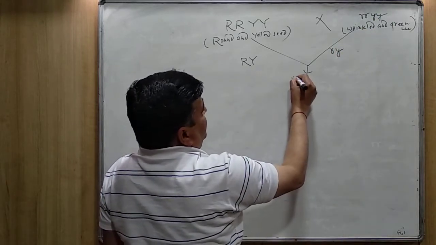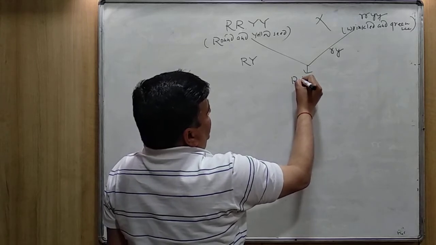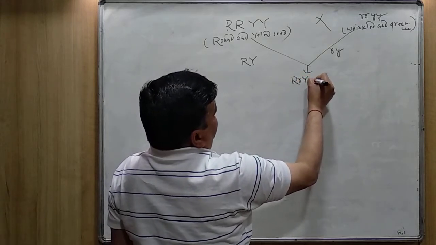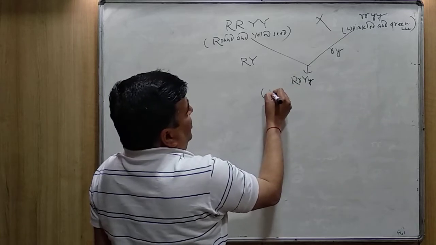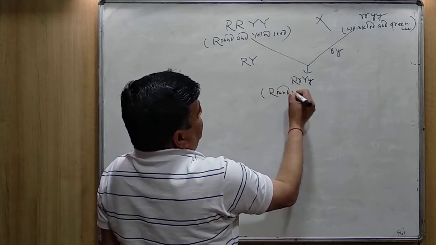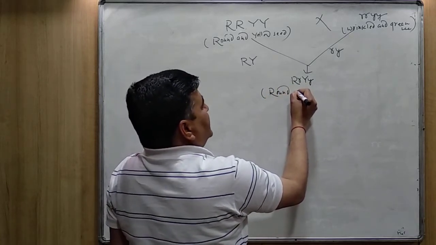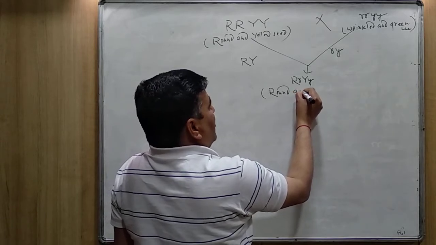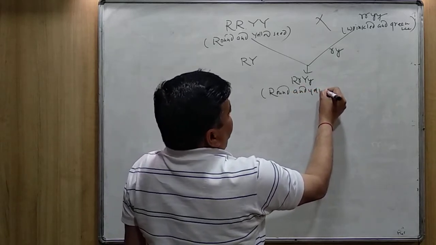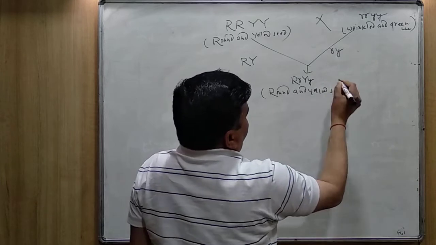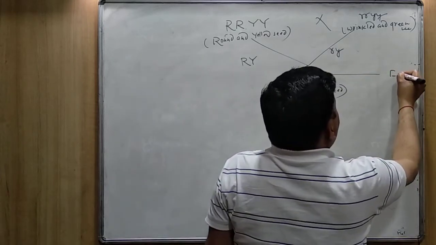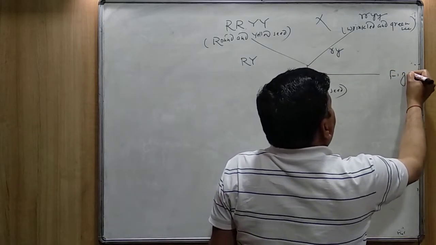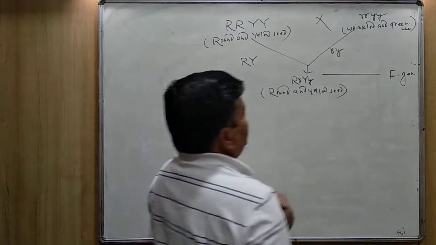Again in the zygote, capital R, small r, capital Y, small y. So all the plants of F1 generation are round and yellow seed. These plants are for which generation? First filial generation, or you can say F1 generation.